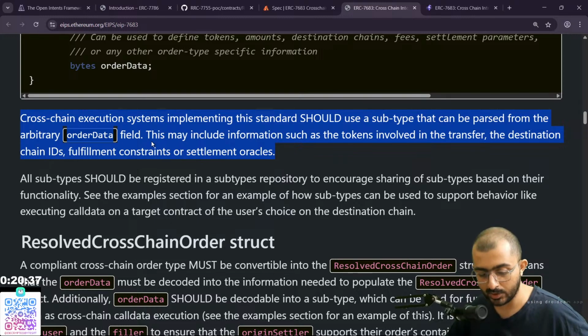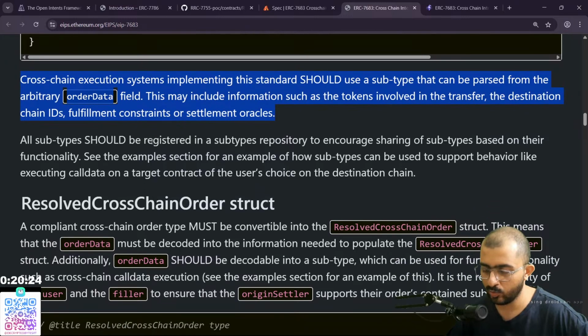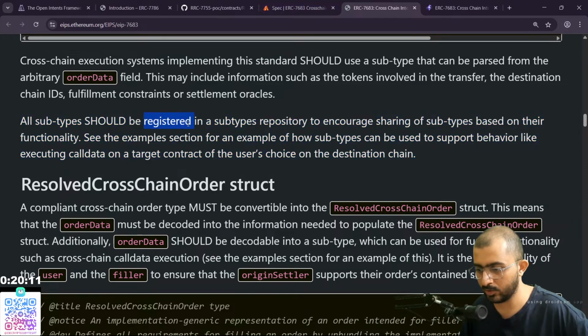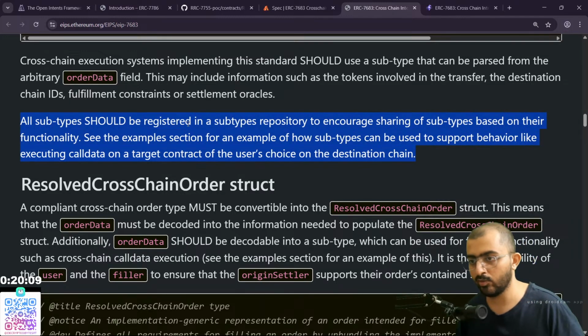That was one of the questions, right? How they are confirming the intent is fulfilled on the destination chain from the origin chain. So there is some kind of oracle. I don't know if Across uses 7683 right now, and if it uses it, how the settlement works. That's what we want to learn.